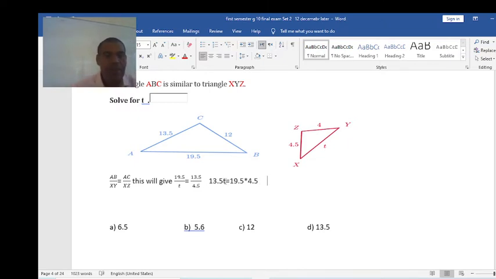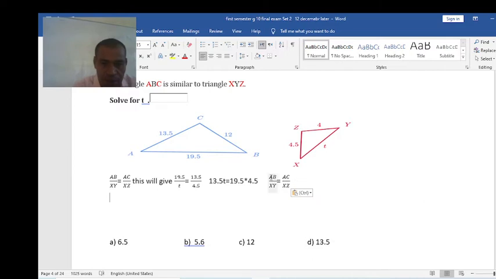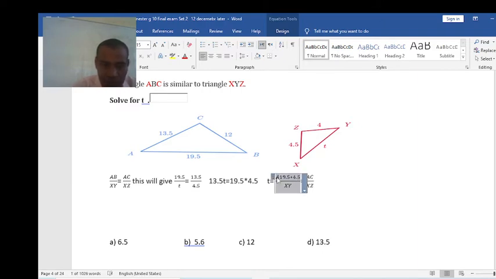Then just make T the subject. Therefore T is equal to 19.5 multiplied by 4.5, all divided by 13.5, because the coefficient of T is 13.5. Okay, then just calculation, you will find the answer.